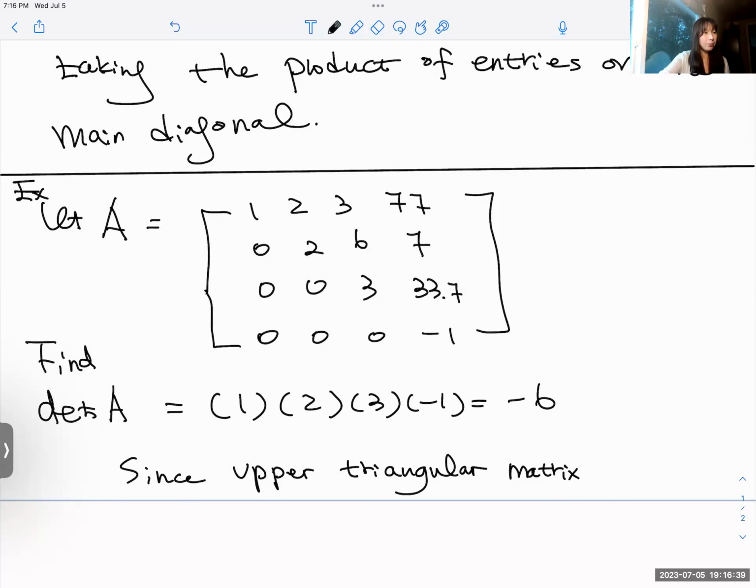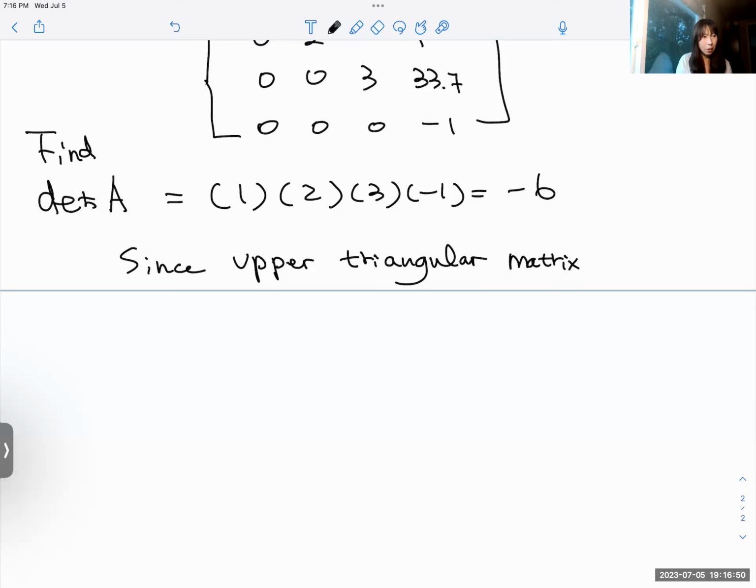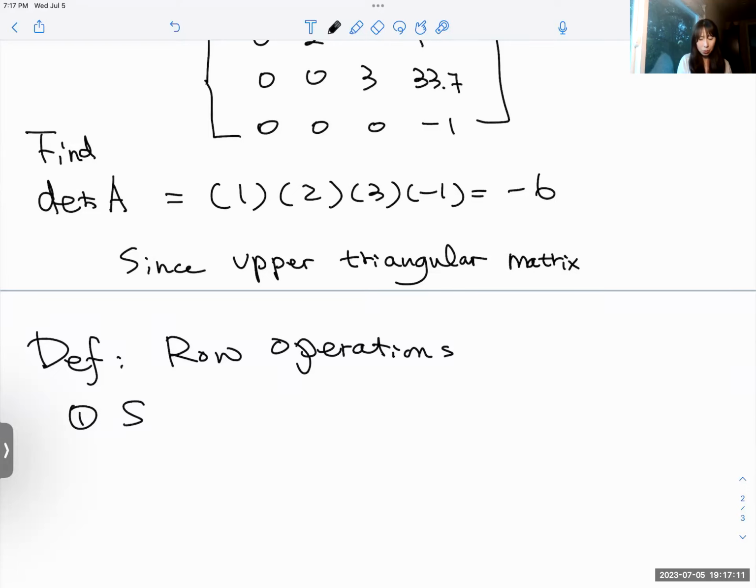Now we're going to talk about properties of determinants. So we have the row operations from previously. The first one is switching two rows.